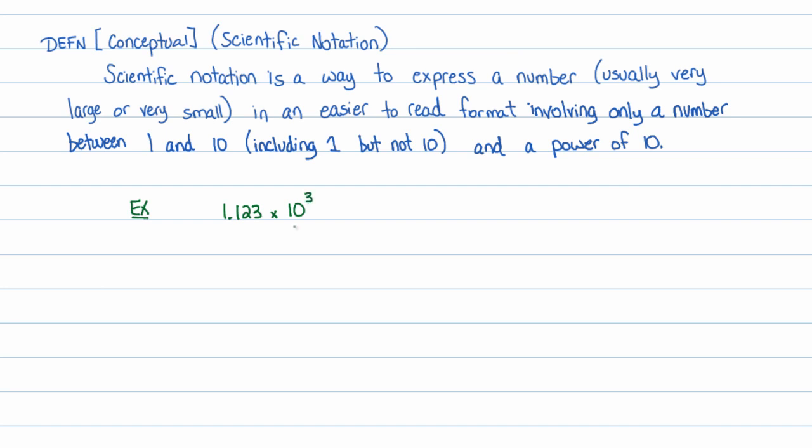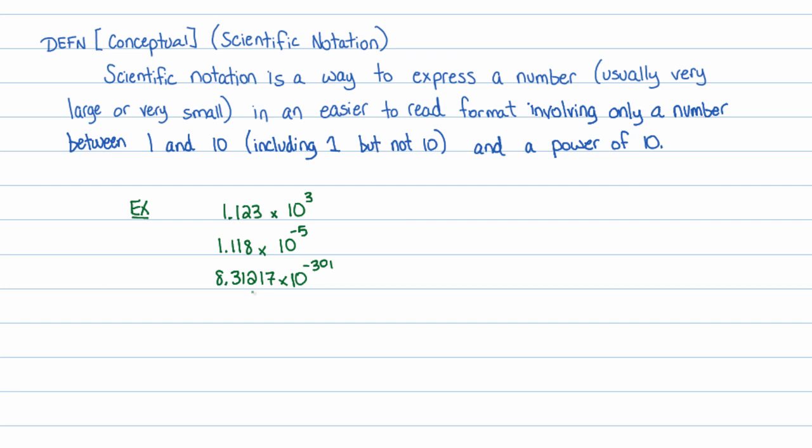Or 1.118 times 10 to the, it could be a negative power of 10, like a -5. Or 1.7 times 10 to the -301st. Or, and I can go all day long.